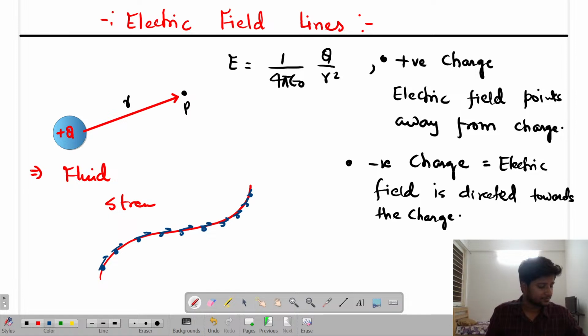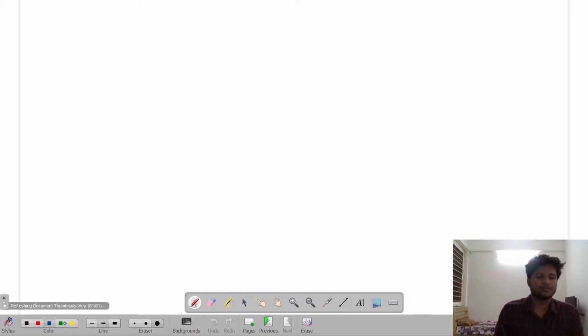This was our concept. Now, this whole concept is brought once again to the concept of electric field. See how. What are electric field lines? I'll first write the properties of electric field lines, then I'll move to the main conclusion. So what does it represent?